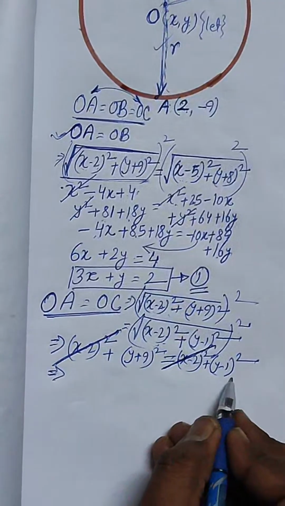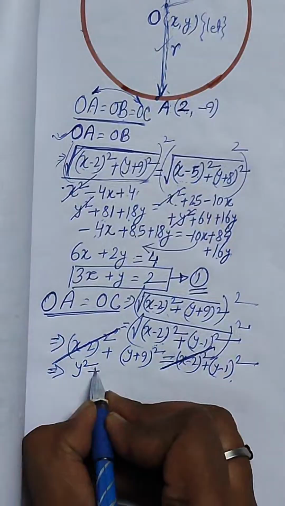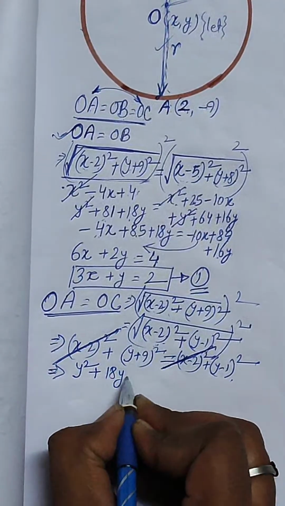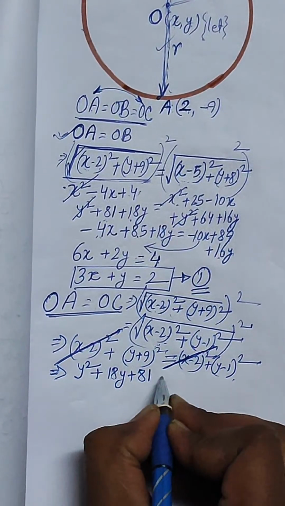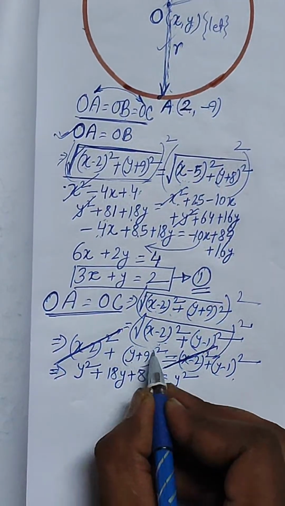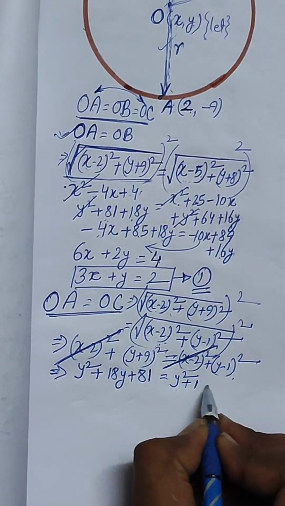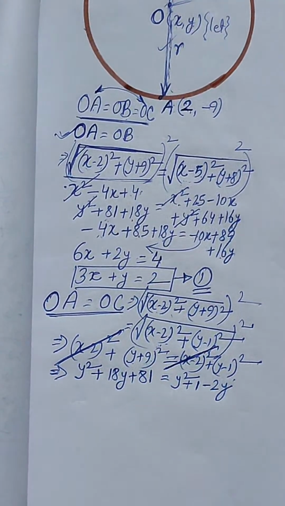Okay, only y will be left. So when you expand it, it will be y square plus 18y plus 81, which is equal to y expanded in the form of a plus b whole square, y square plus 1 minus 2y, right?